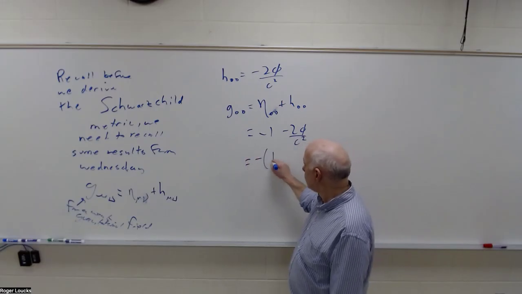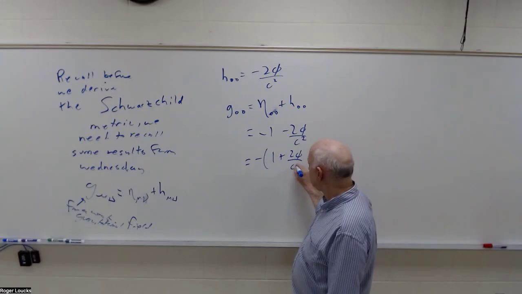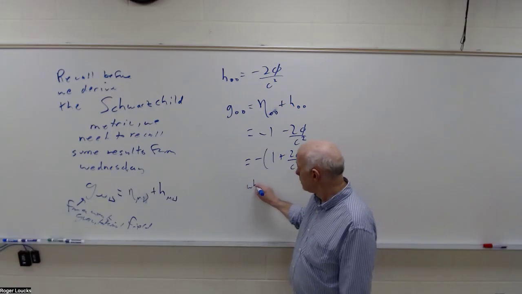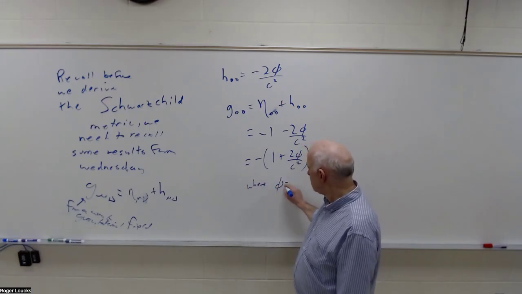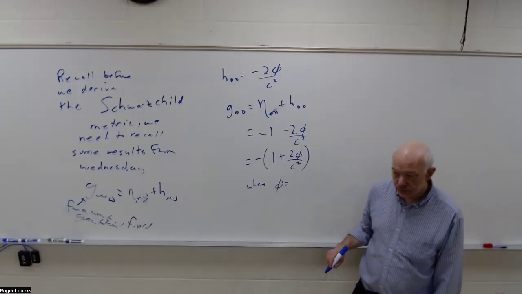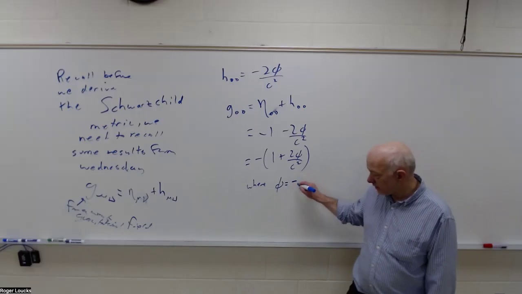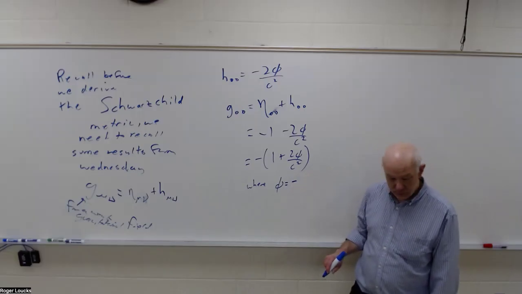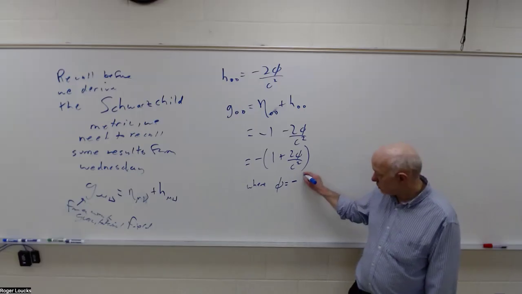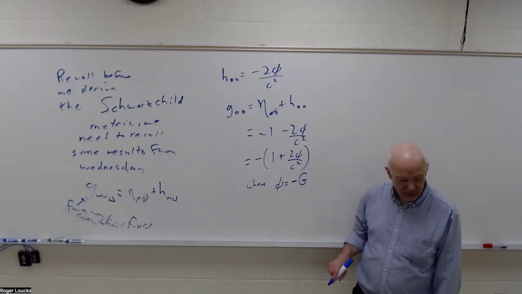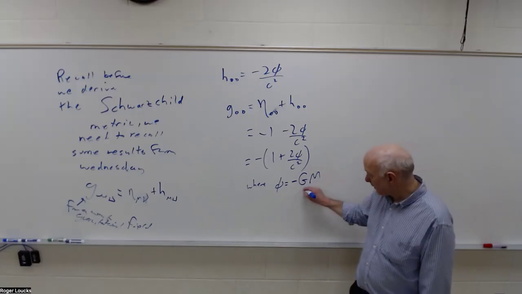So this is minus 1 plus 2 phi over c squared, where, what did we say phi was? Minus G M over R. Excellent. That's correct.